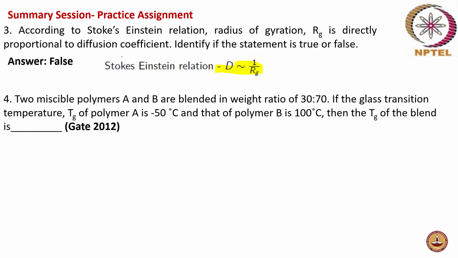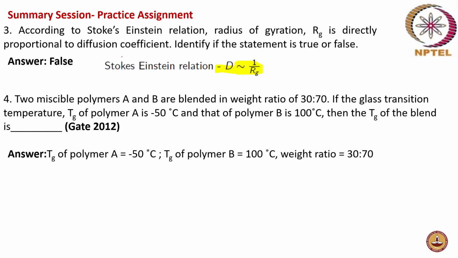The Tg of polymer A is -50 degrees and the Tg of polymer B is 100 degrees. What will be the glass transition temperature of the blend? How to go about this? Tg of polymer A is -50 degrees, Tg of polymer B is 100 degrees, weight ratio is 30:70.